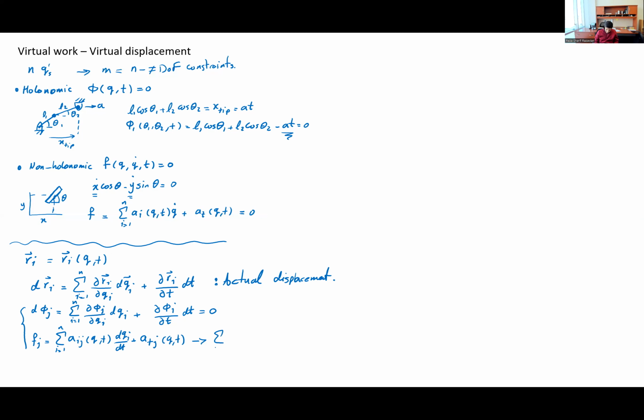So that would be the sum from i equals 1 to n of a_ij of q and t dq_i, plus a_tj of q and t dt. The actual displacement of the physical system has to satisfy these constraints in differential form.